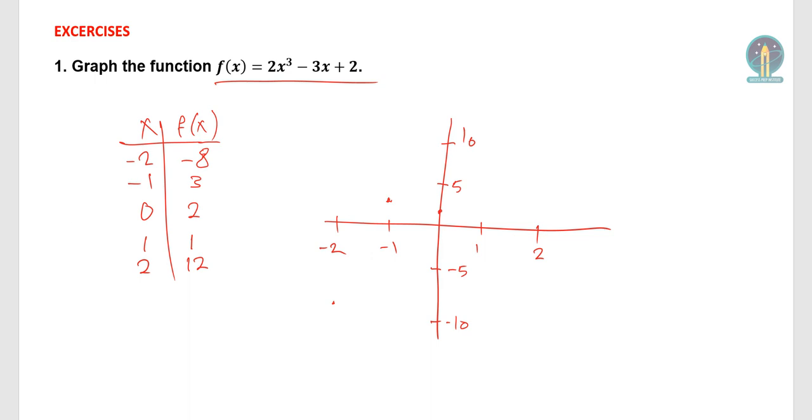And at 1, we have 1, which is here. And then at 2, we have 12, which is all the way up here. So we have something that looks like this.